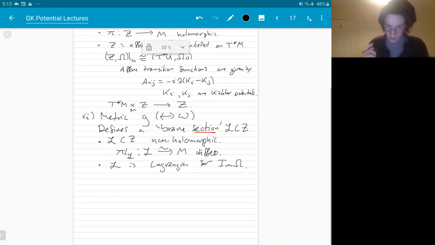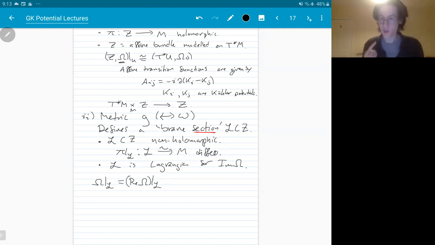Okay, so that means that if we take this holomorphic symplectic form on Z and we pull it back to L, well, because L is Lagrangian for the imaginary part, this just becomes the pullback of the real part to L. And this is a real 2-form on L, or equivalently on M, because we have this diffeomorphism.